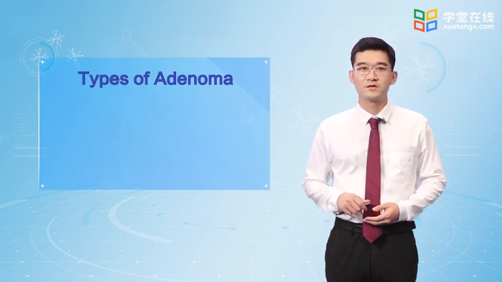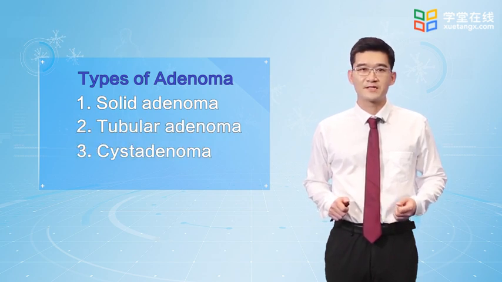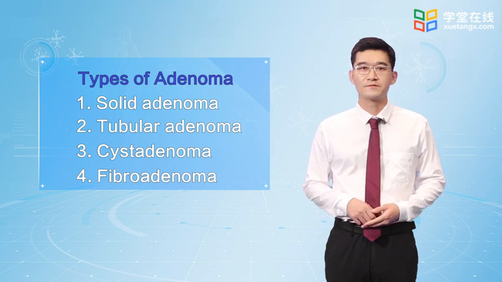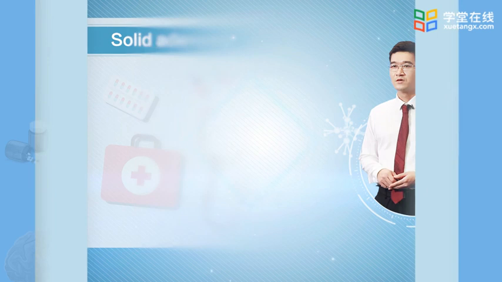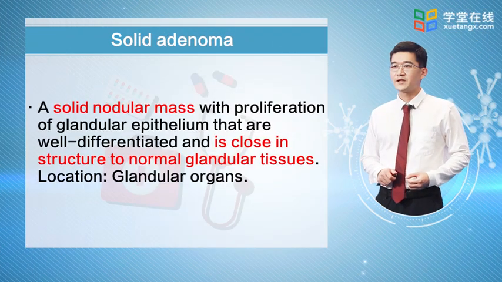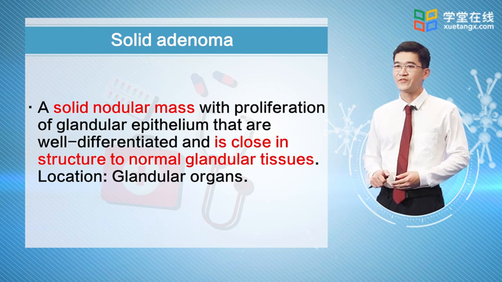Based on their histological components, adenoma can be further divided into the following types: solid adenoma, tubular adenoma, cystadenoma, and fibroadenoma. Solid adenoma is usually a nodular tumor of well-differentiated glandular epithelium.